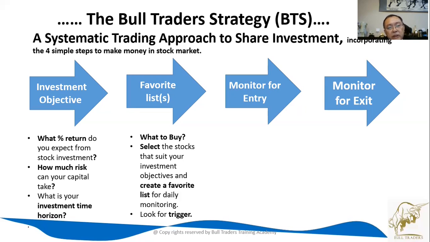Okay, so after setting your objectives, you have the idea of what kind of stocks you would like to have. Then you can find the collection of stocks that meet your fundamental expectations. Normally, when you talk about stock selection, you're very much triggered by the fundamentals as a base.